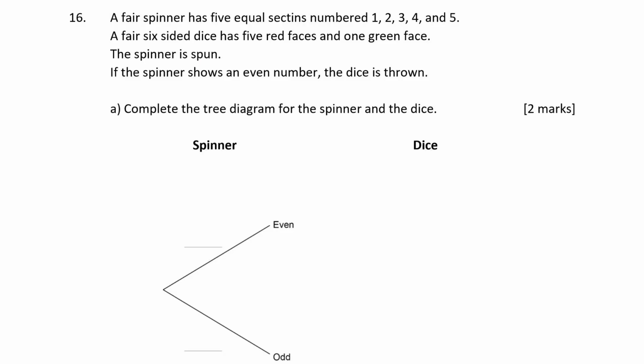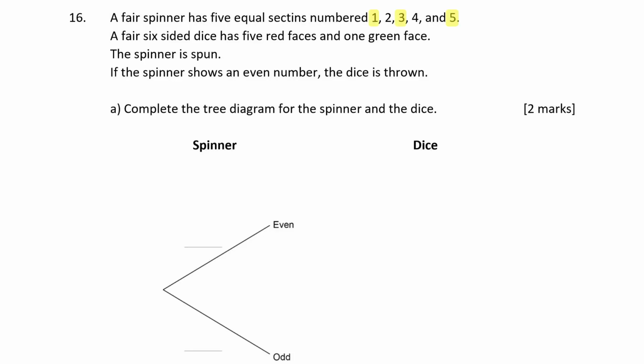Question 16. A fair spinner has 5 equal sections numbered 1 to 5. A fair 6-sided dice has 5 red faces and 1 green face. The spinner is spun. If the spinner shows an even number, the dice is thrown. Complete the tree diagram for the spinner and the dice. So the spinner is spun, and whether it is even or odd depends on the numbers on the faces.